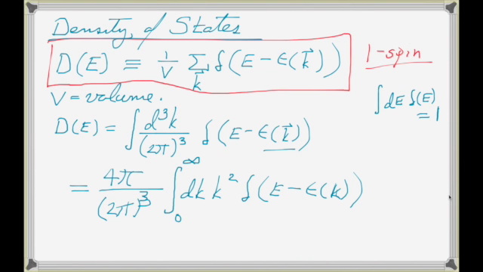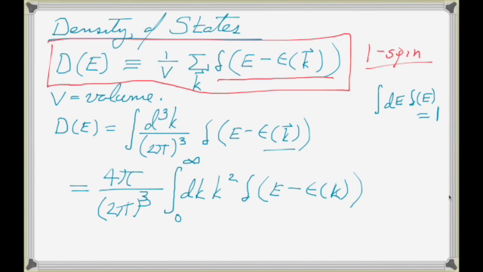But if you think about this expression from an intuitive point of view, all you're doing is summing over k over the whole Brillouin zone, and so you get a contribution whenever your energy is equal to the E of k you get from your dispersion relationship.